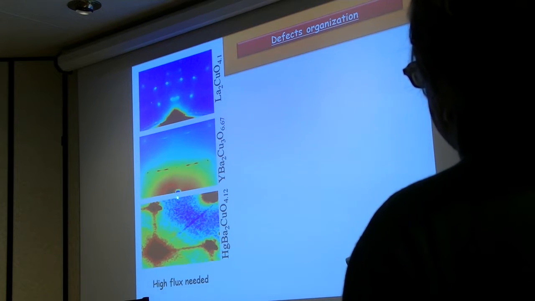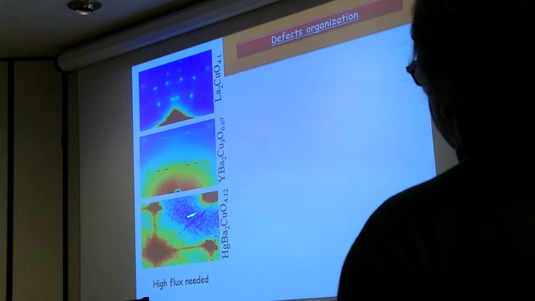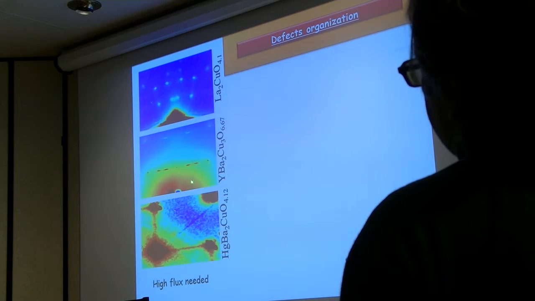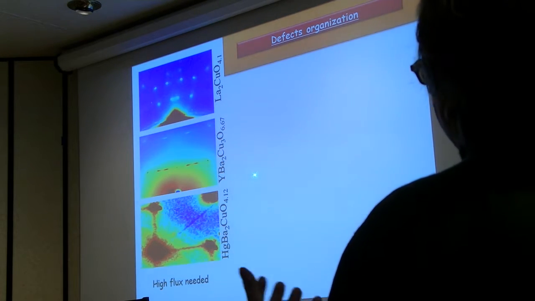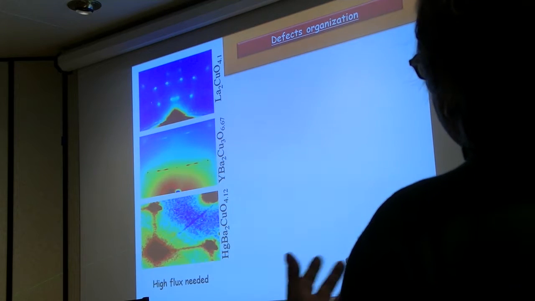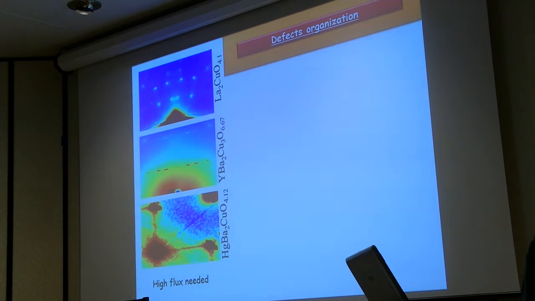All these features are due to the oxygen ordering and the defect ordering in your samples. Thus crystallography and X-ray diffraction are candidates to be a good, powerful tool to study and detect this kind of order in your sample.